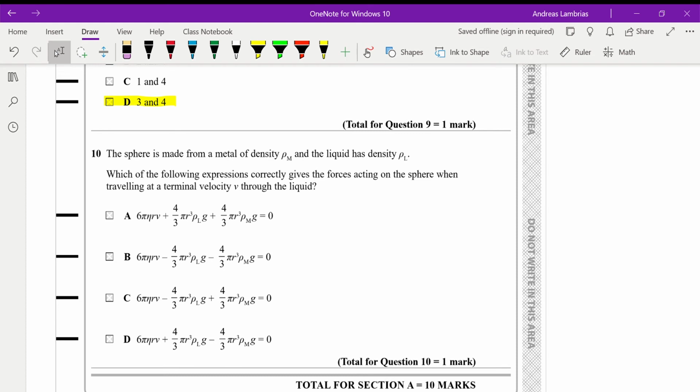As I said before, if we have the cylinder here, when the sphere reaches terminal velocity, that means the weight is equal to the upthrust and the drag force. Now we're going to break this down into different parts. The drag force can be calculated by Stokes law.